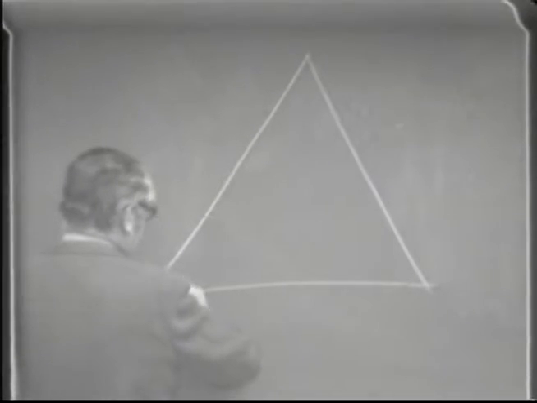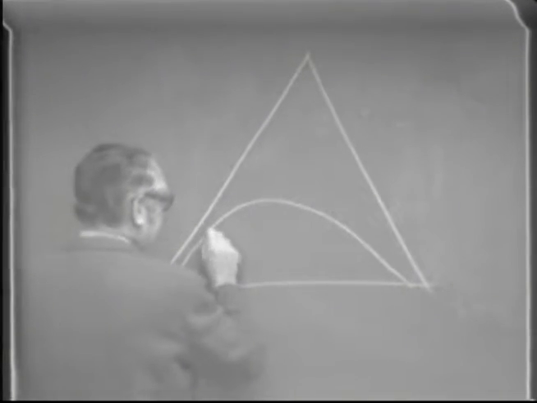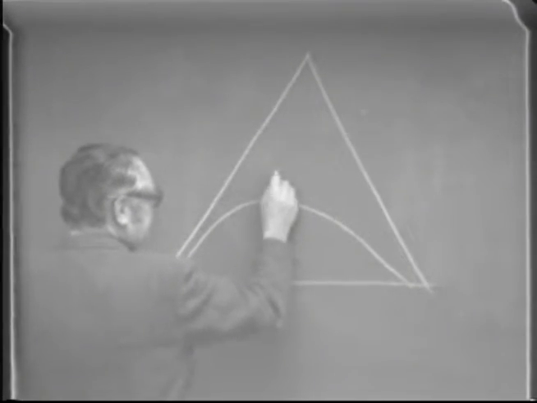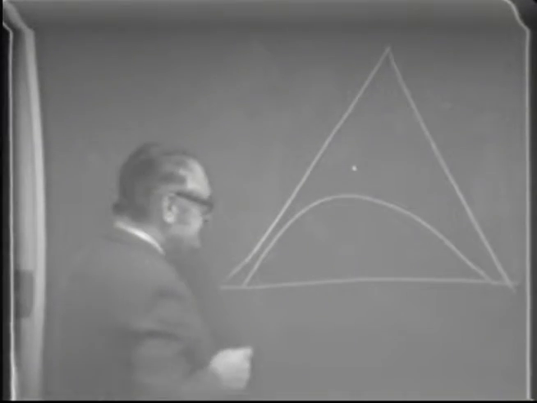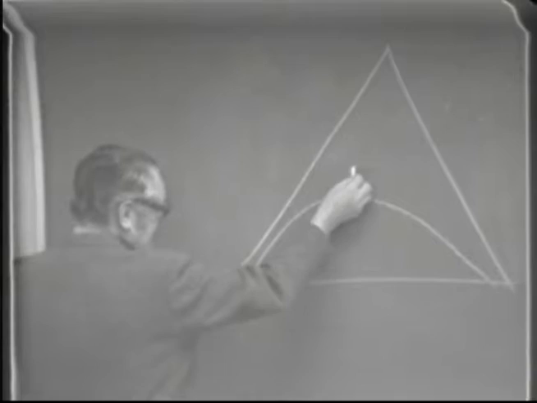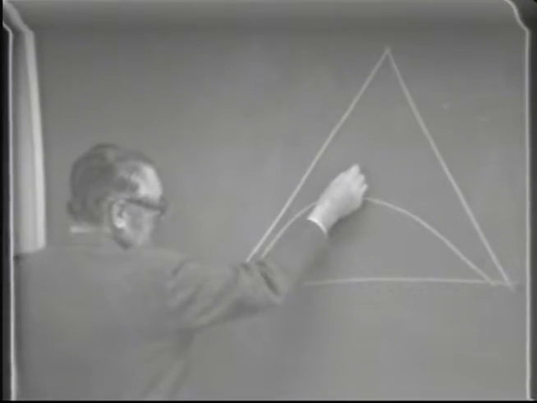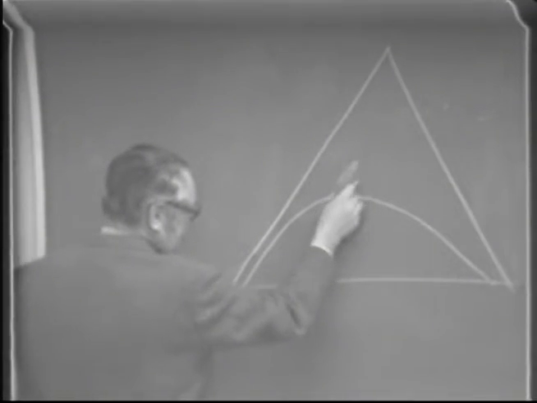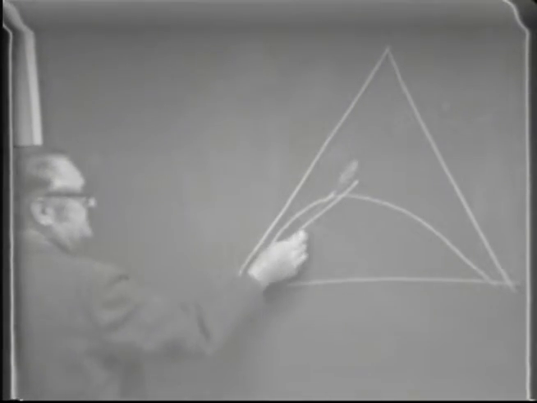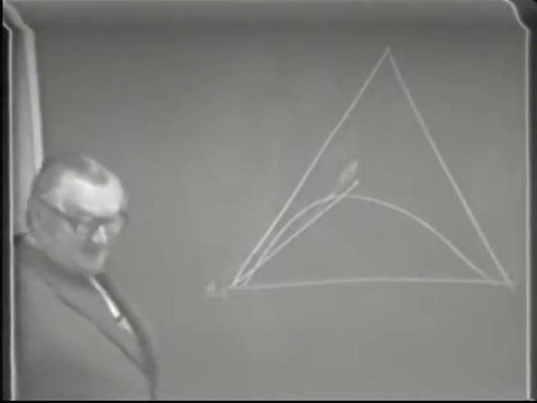So you have some sort of a curve here. I don't remember exactly how it looks. And then you'll have some initial concentration here of your mixture represented here. And then by water dilution, you tend to approach, I didn't draw this quite right, but anyway, you tend to approach on a straight line the water apex of the triangle.